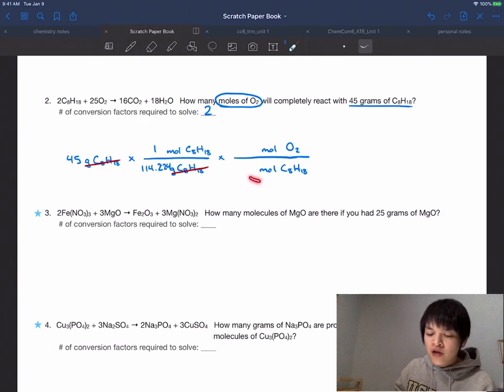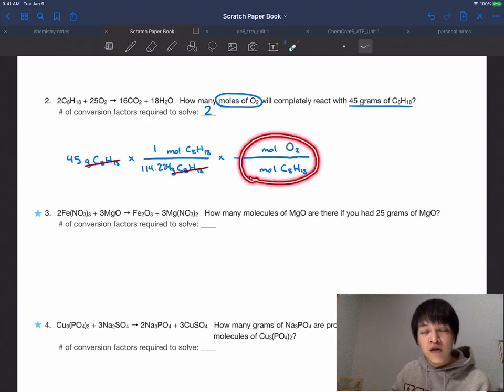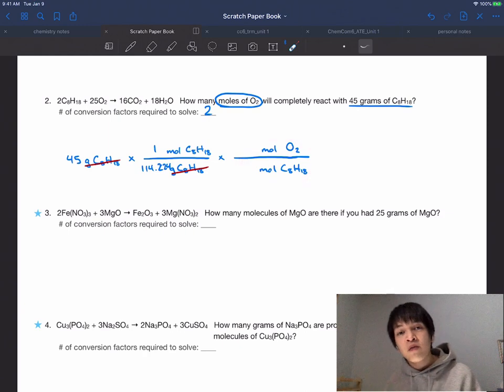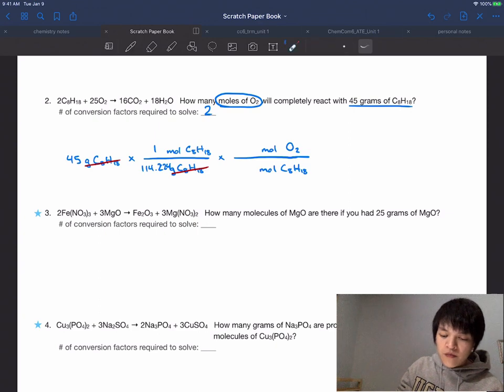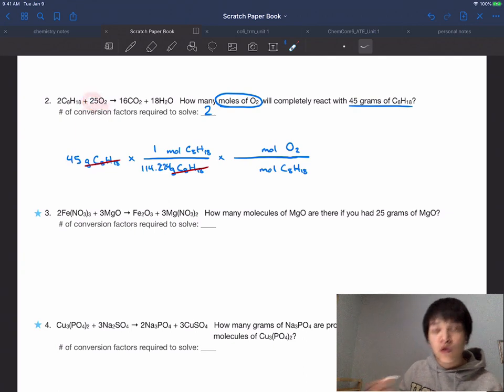If you see this conversion factor, you should recognize it's a mole ratio. And if you have a mole ratio, you should be looking at the balanced chemical equation. How many moles of O2 are there? Well, according to our balanced chemical equation, it's 25 moles of O2. How many moles of C8H18 are there?